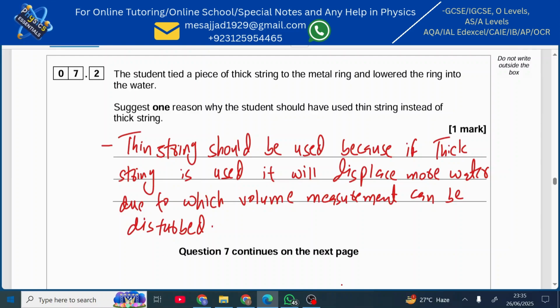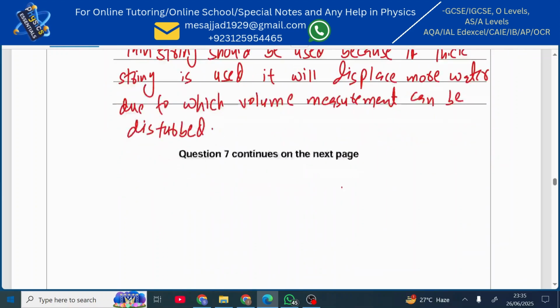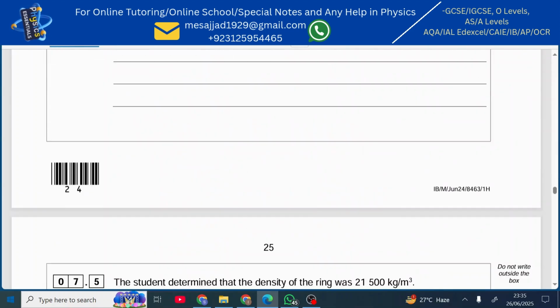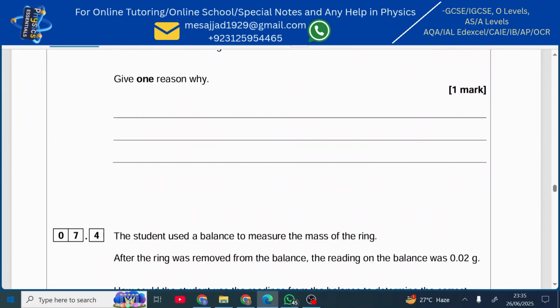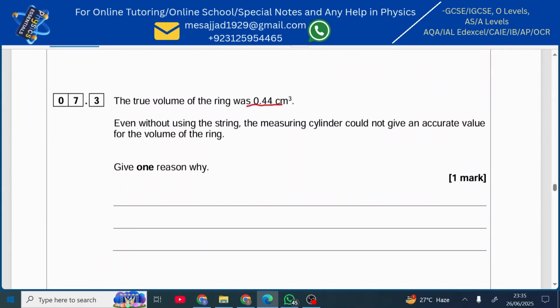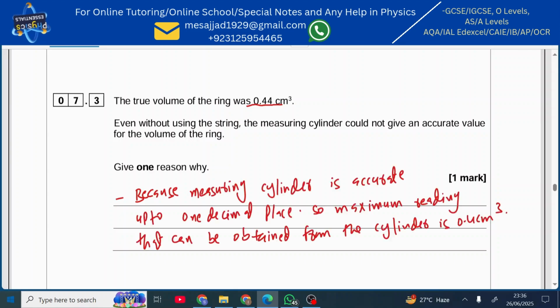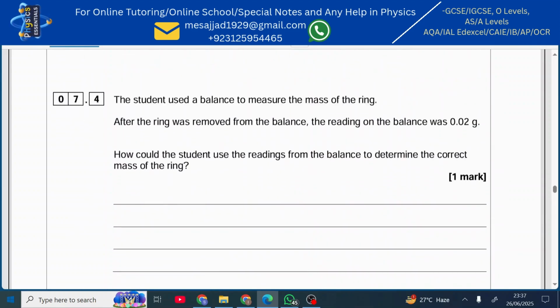We cannot get 0.44 because the measuring cylinder is not giving us a two decimal places answer. So the answer is, because the measuring cylinder is accurate up to one decimal place. That means the maximum reading that can be obtained from the cylinder is 0.4 cubic centimeters, not 0.44.